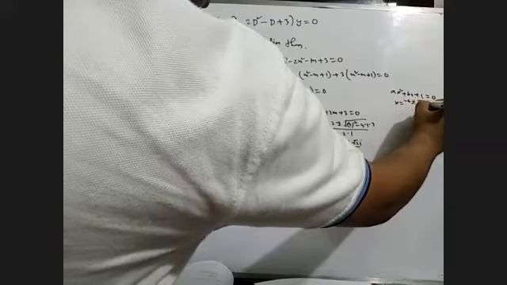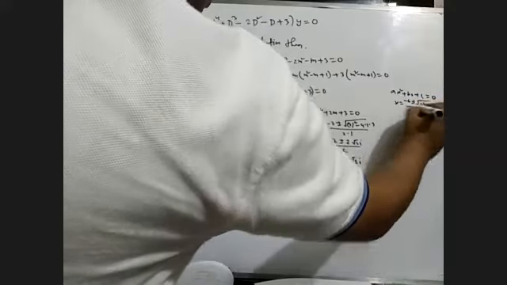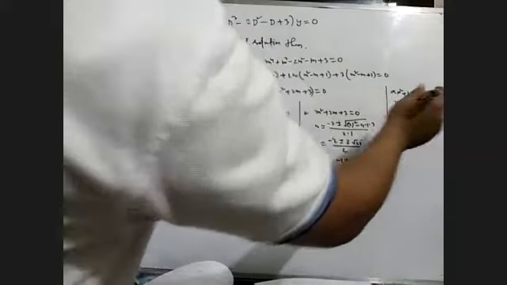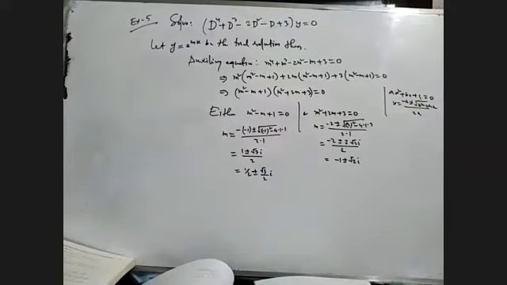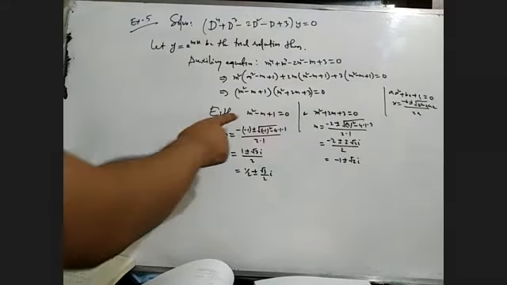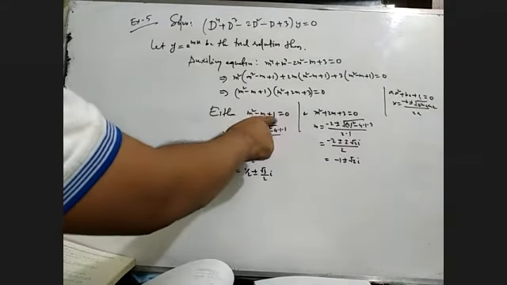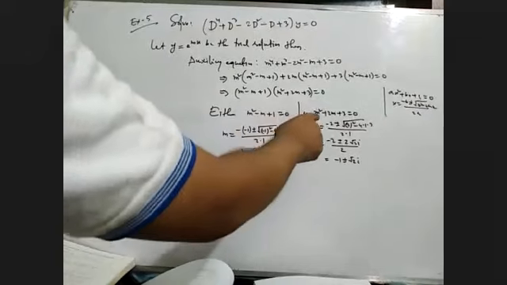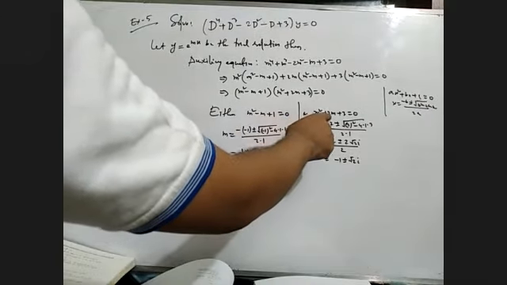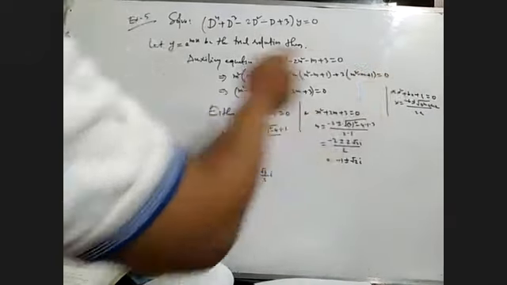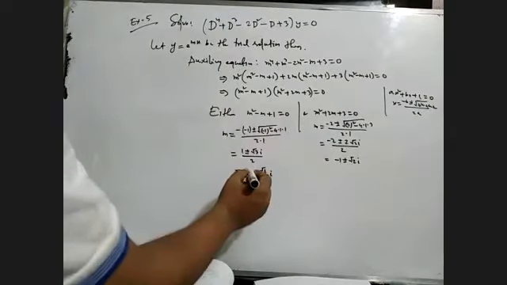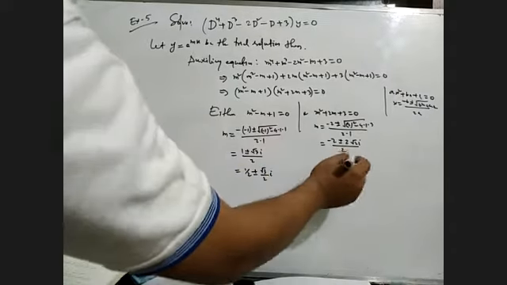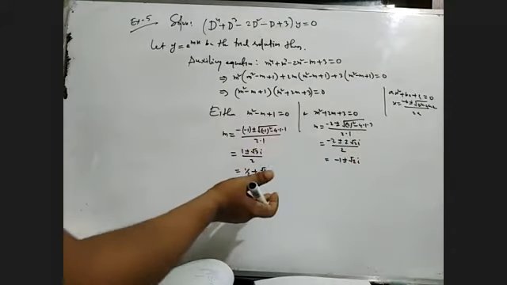If ax square plus bx plus c equals 0, then x equals minus b plus minus square root b square minus 4ac divided by twice a. Using this quadratic formula here, we get a equals 1, b equals -1 and c equals 1. And here a equals 1, b equals 2, and c equals 3. So we get two complex roots here and two complex roots. That means four roots.